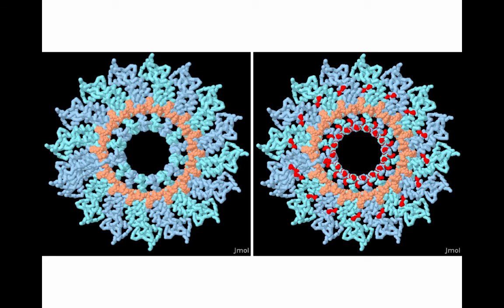And here's another view of that. This is the crystal structure of the coat protein assembled without any nucleic acid in it, without any RNA in it. And then you can see where the RNA is in this picture here. And you can see that it very nicely packages the RNA and makes it very stable outside of the cell.